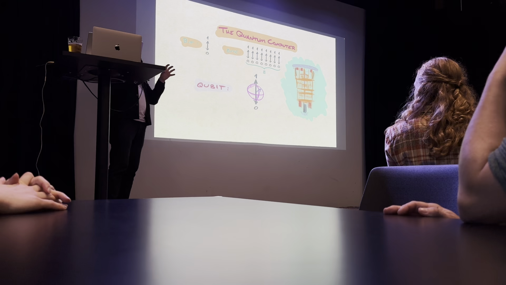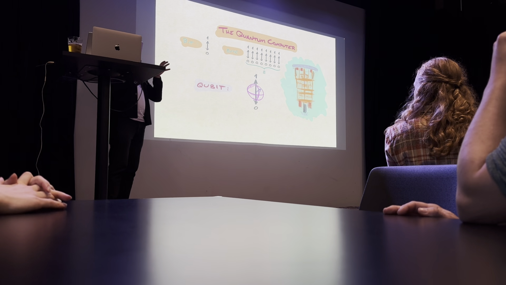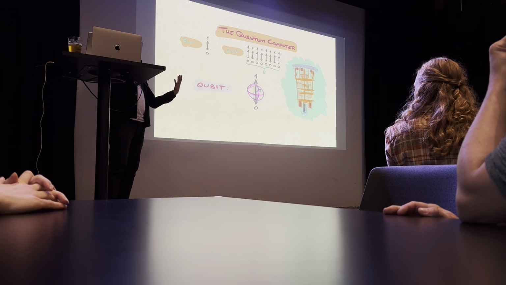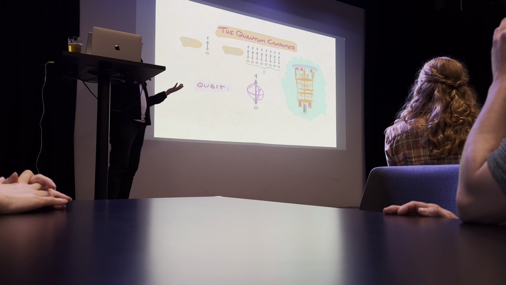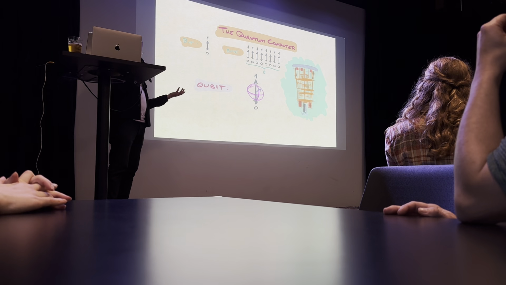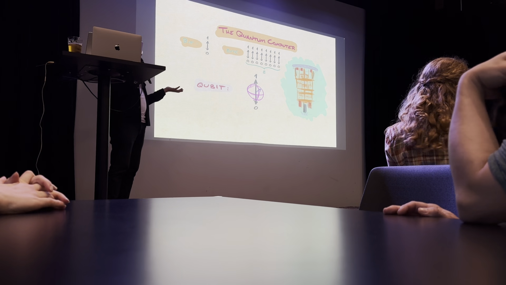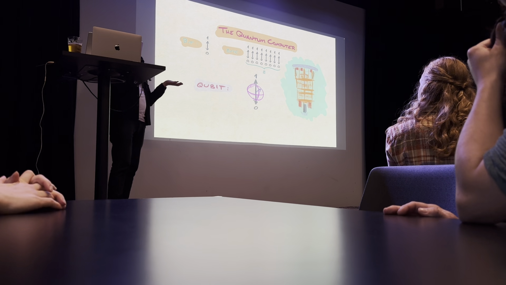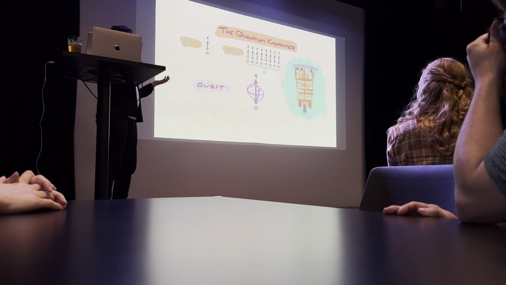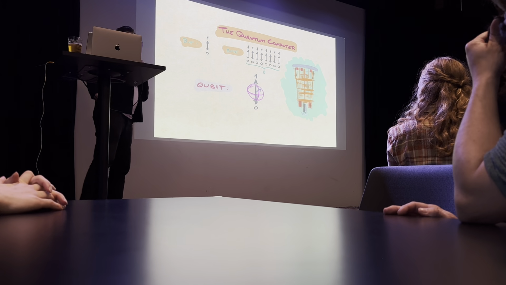There can be two things at the same time, not in the sense of you just don't know which one it is, but in the sense that you can't explain the system without taking into account the fact that it is somehow two at the same time. So Schrödinger's cat is a thought experiment that one of the founders of quantum mechanics came up with to show that this is truly absurd. Which it kind of is, but you get used to it.